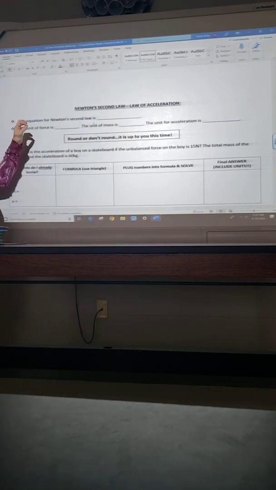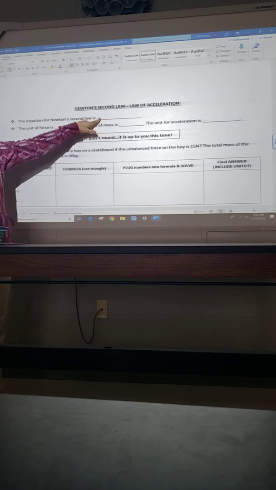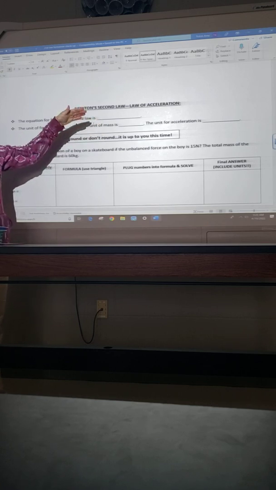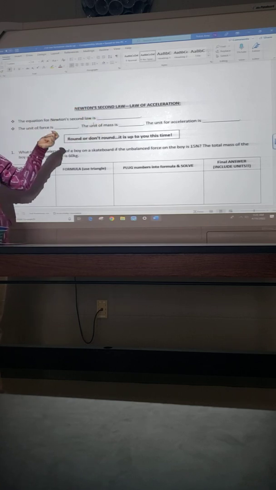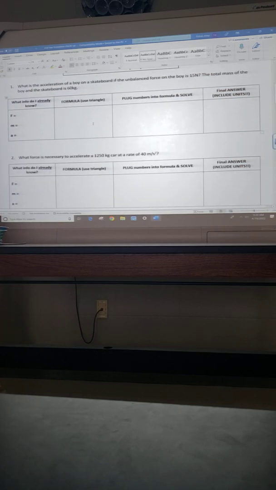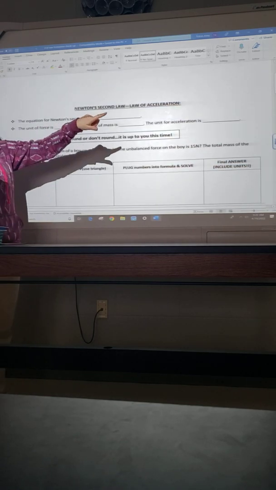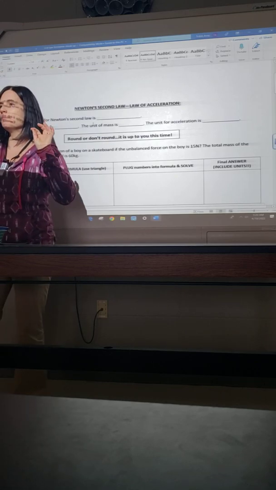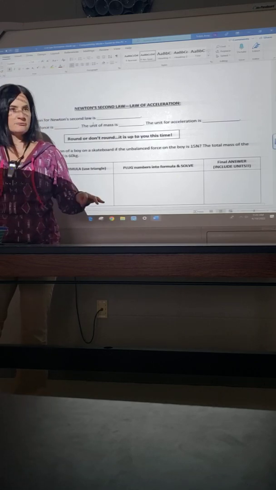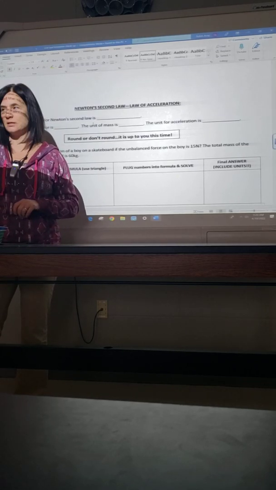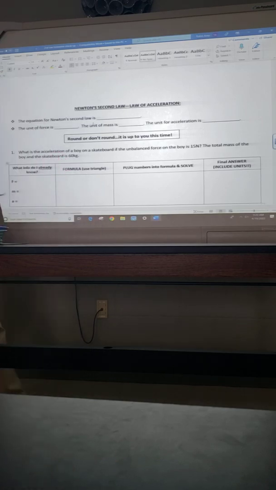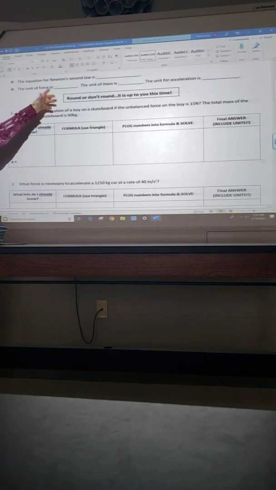I'm giving you points for that. I want the equation filled in here as well, because I want you to have it right there in front of you when you're working, all right? So I am going to be looking for those 4 blanks, and I will tell you those are the 4 biggest missed points every year on this assignment, all right? People forget to fill those in.